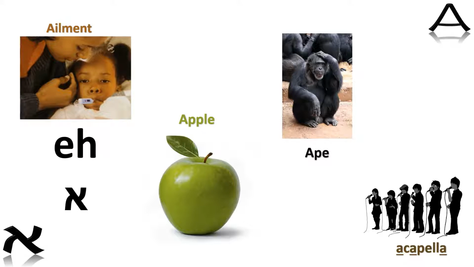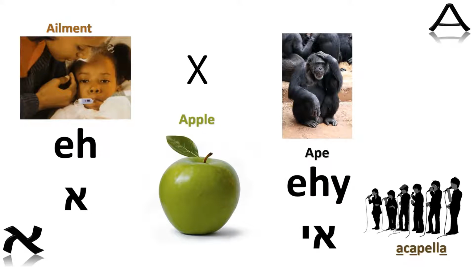Ailment makes the eh sound, which is identical to El and Aleph. There are no ancient Hebrew equivalents for A as in apple. An ape is a derivative of Aleph. That is, the A sound in ape is a glide that is created by combining two Hebrew vowels to create the long A sound.